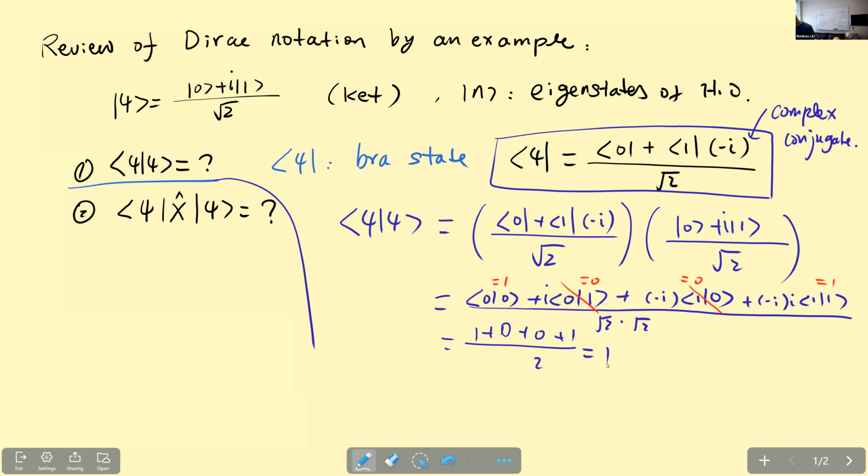Let's try another one. Let me copy this one. psi equals |0> plus i|1>, divided by square root of 2. Let's try to calculate the expectation value of the position operator.